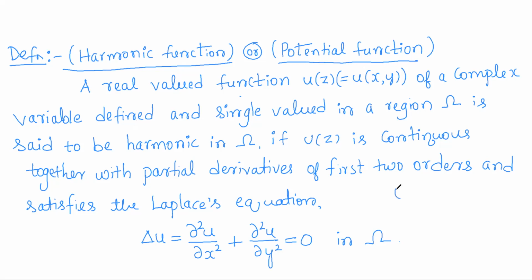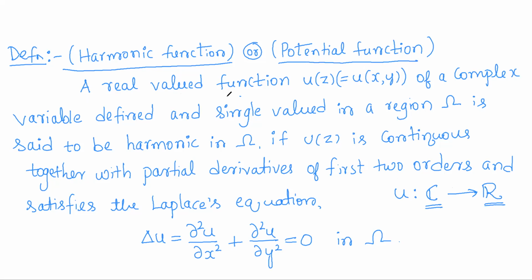So if I say u is a harmonic function, then its domain will be any subset of complex numbers, or the whole complex numbers, and the values it takes, that is the codomain or the range, will be R or any subset of R. So the domain is complex numbers and the codomain is real numbers.